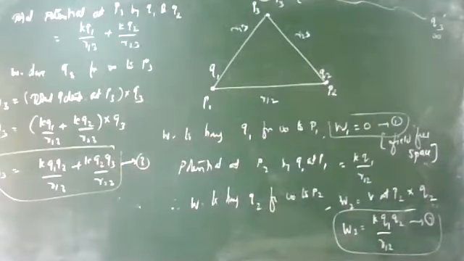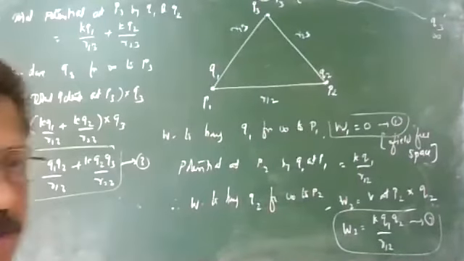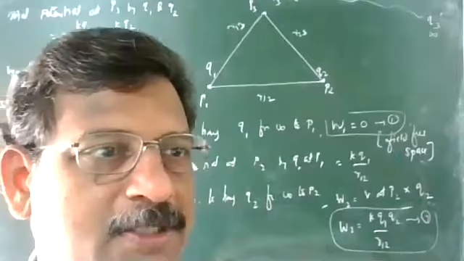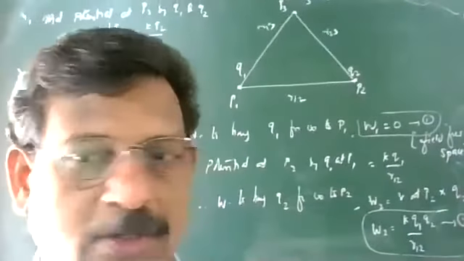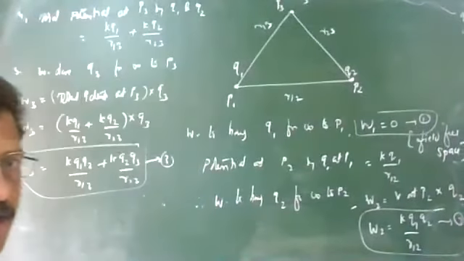So the work done to bring the first charge is 0, for the second charge it is written in equation number 2, and for the third charge it is equation 3. So all the charges are now at their locations P1, P2, P3. What is the total work done? Add all this work done: W1 plus W2 plus W3. So total work done W equals W1 plus W2 plus W3.